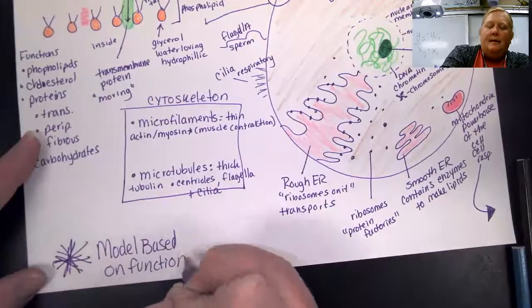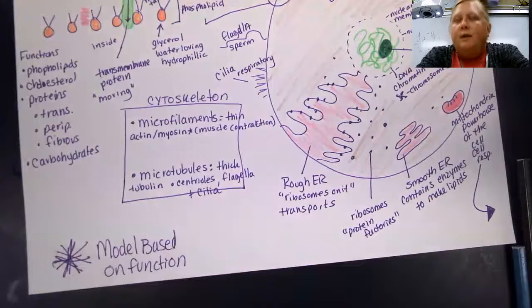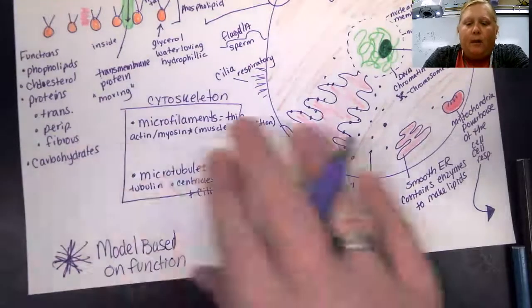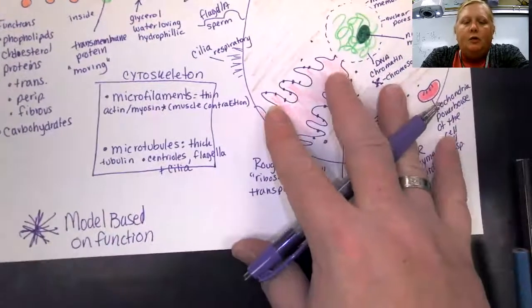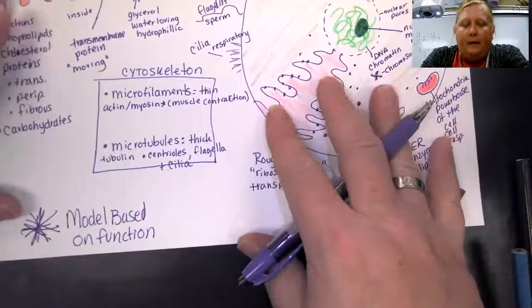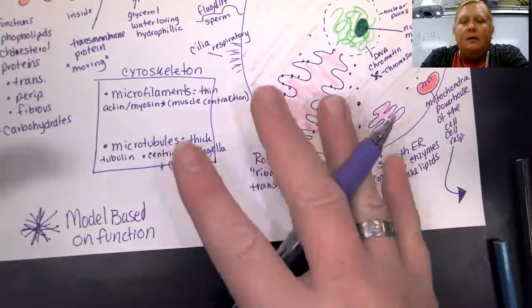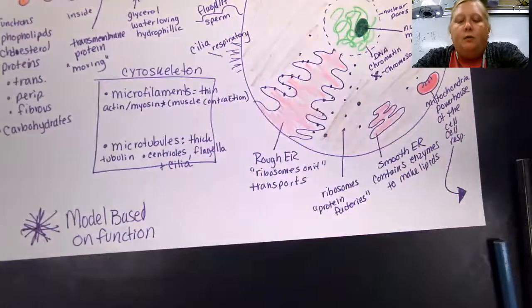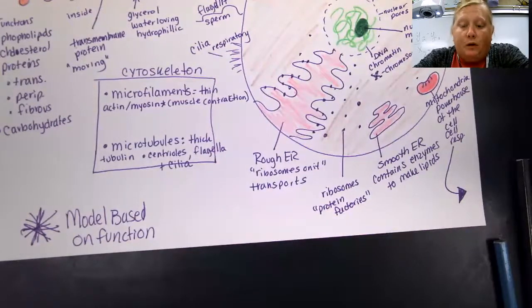You're going to do a little mini video for me, and you're going to show me the parts of the cell that you've decided, and tell me why you picked those because of the function.